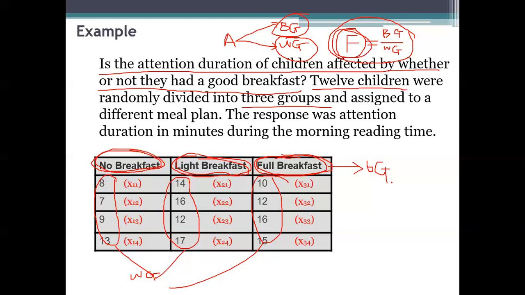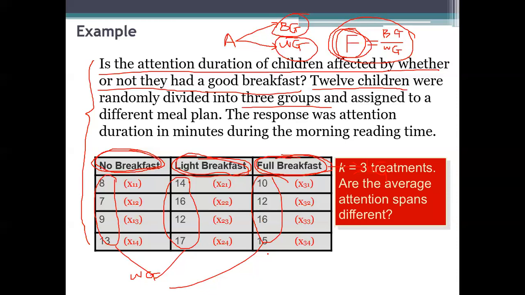All right, now let's focus back on this example. This is the example question for ANOVA. As we discussed, it has been divided into 3 groups: no breakfast, light breakfast, and full breakfast, with 12 children, each group having 4. The no breakfast, light breakfast, and full breakfast are the between groups, and this one is within groups.